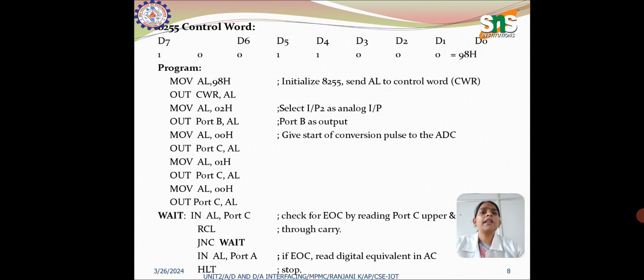Next, MOV AL, 00H gets the start of conversion pulse to the ADC, whereas OUT port C, AL sends it, and MOV AL, 01 is for the start of conversion. Next, give the start of conversion pulse to the ADC.